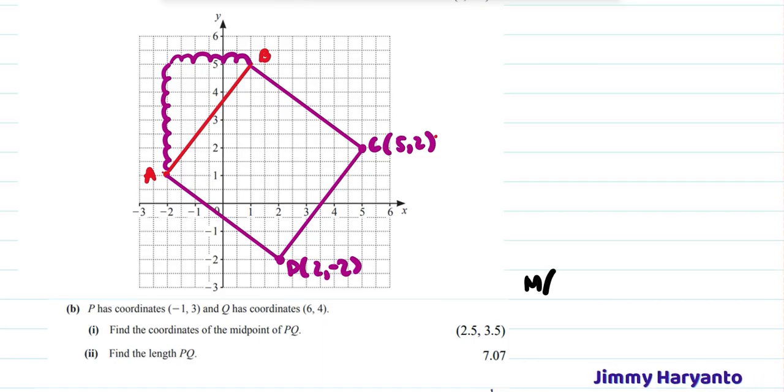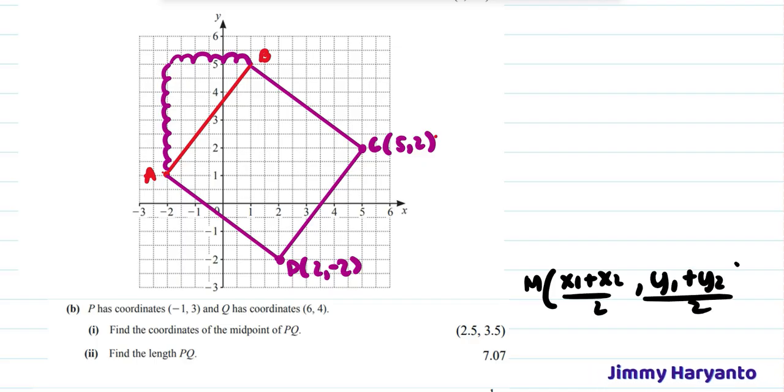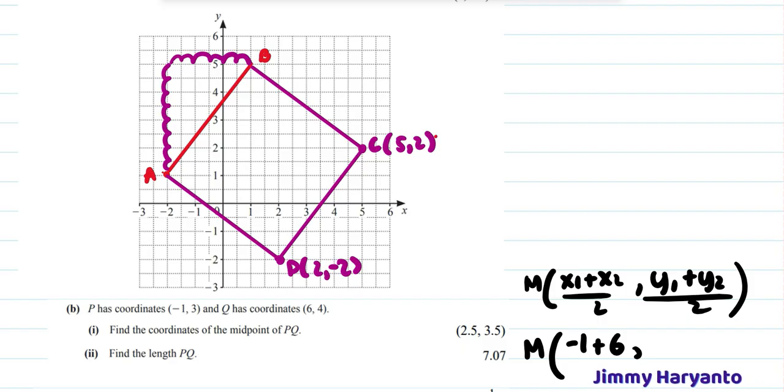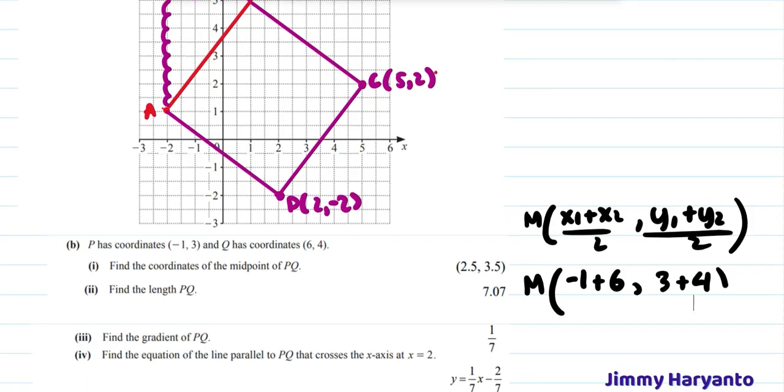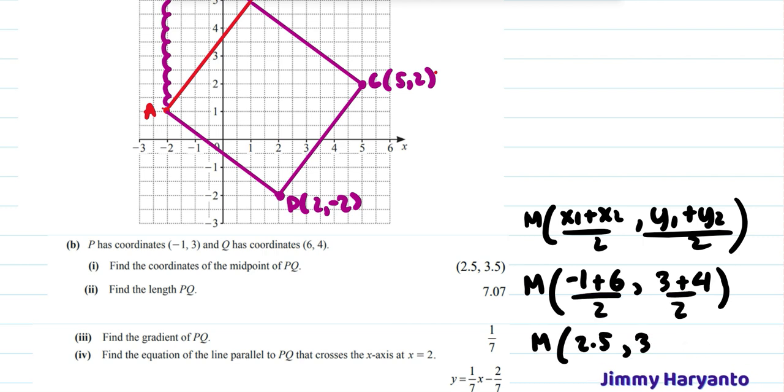The formula of the midpoint is x1 plus x2 over 2, y1 plus y2 over 2. So the midpoint will be x1 is -1 plus 6, y1 is 3 plus 4, over 2, over 2. So the midpoint is 2.5 and the y is 3.5. Okay, good.